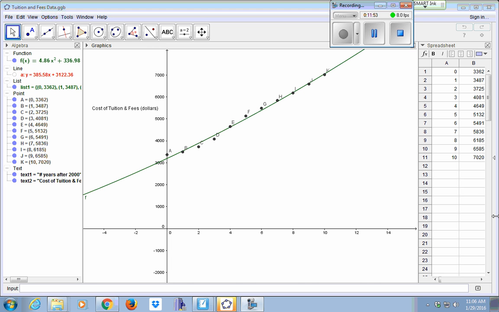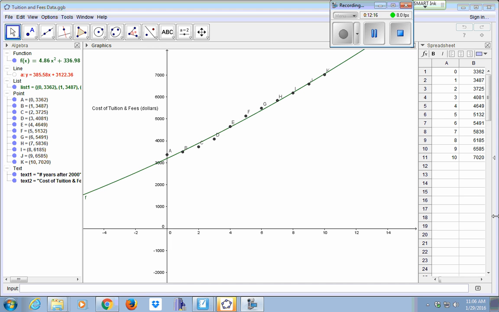This green line is a model, it's an equation. I put an equation in here to try and find some type of line or parabola or some kind of polynomial equation to get as close to those actual points as possible.